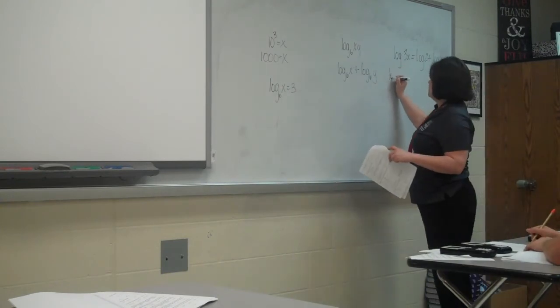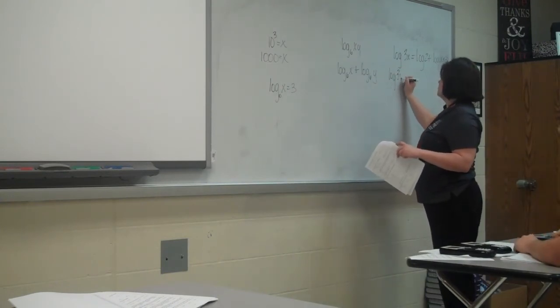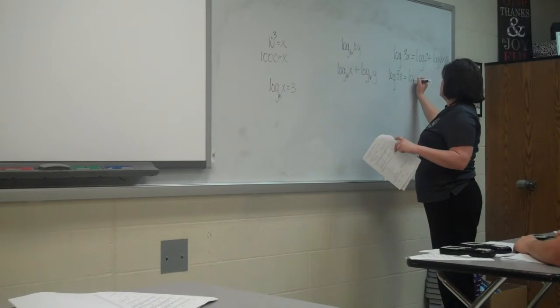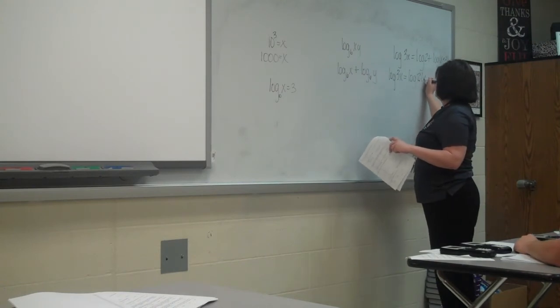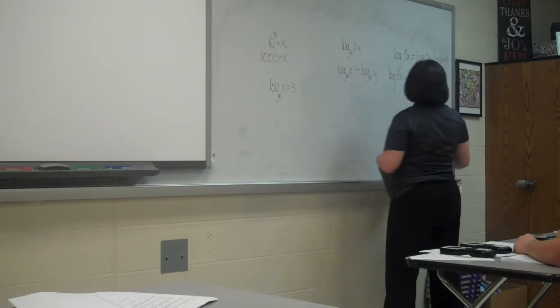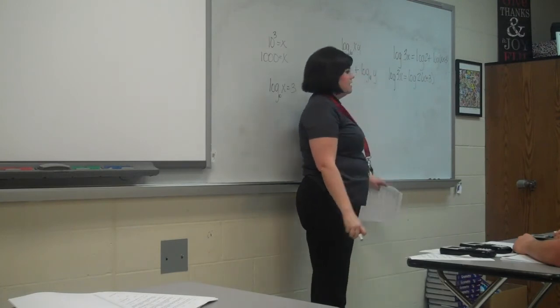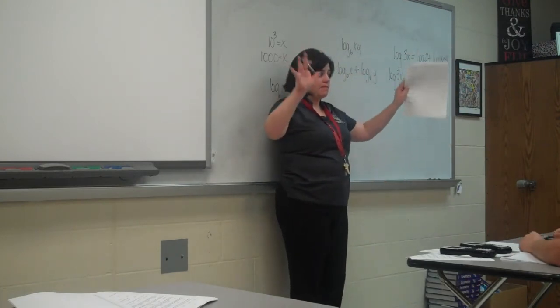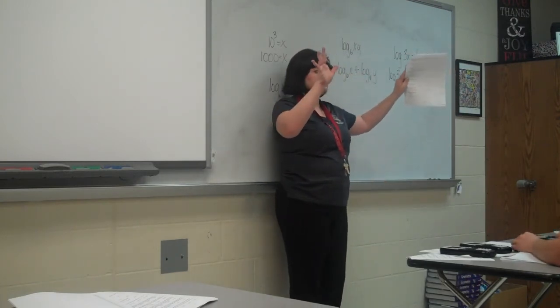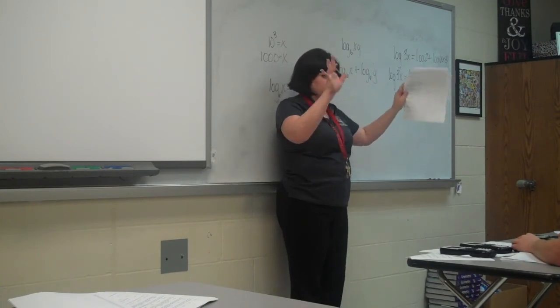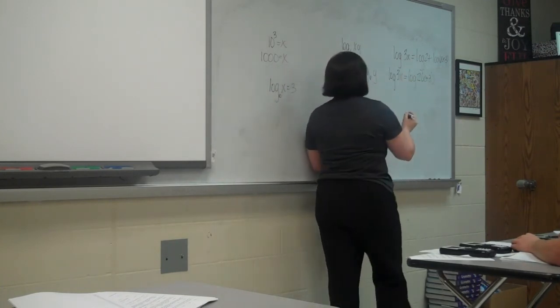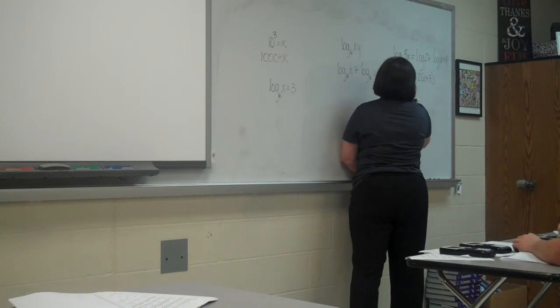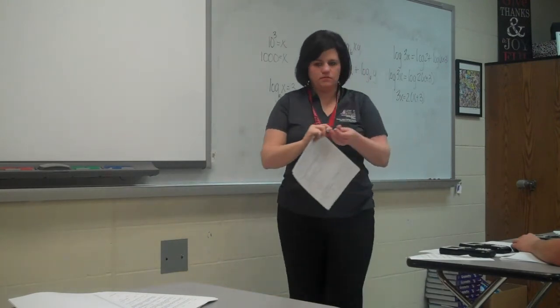So the left is going to stay log of 3x. The right is going to become the log of 2 times x plus 3. Now, log is on both sides, that matches. What you need is for the other stuff to match, so just drop log and put 3x equals 2 times x plus 3 and solve it.